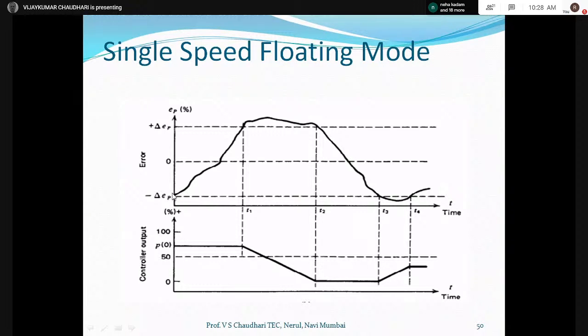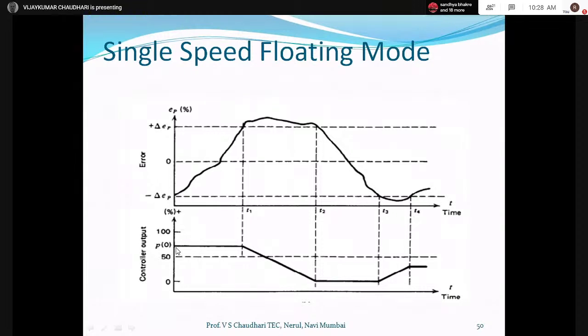The error lies between minus delta E_p and plus delta E_p, and in that case it lies in the neutral zone.